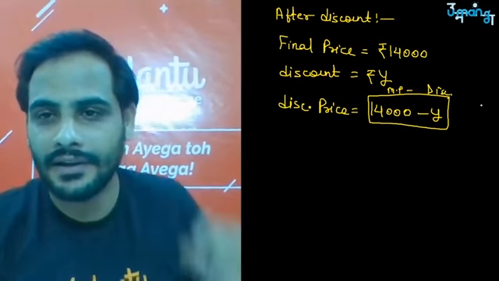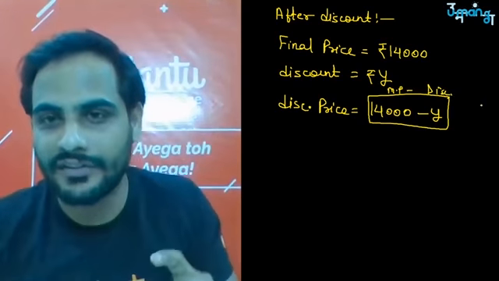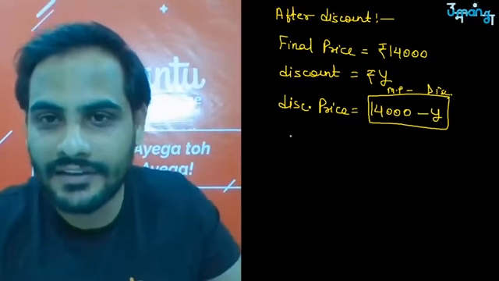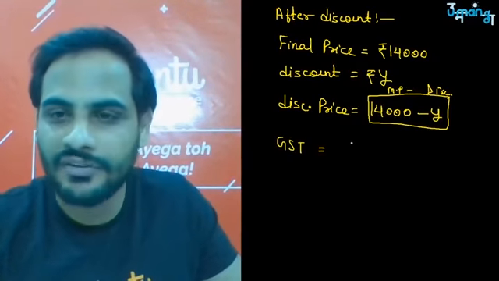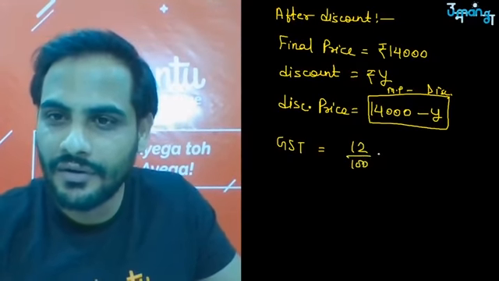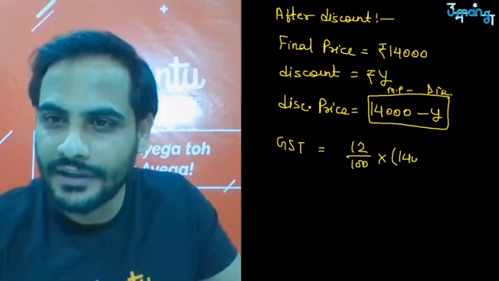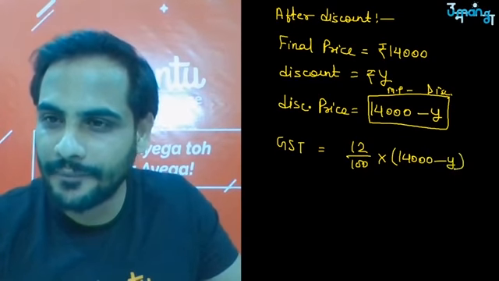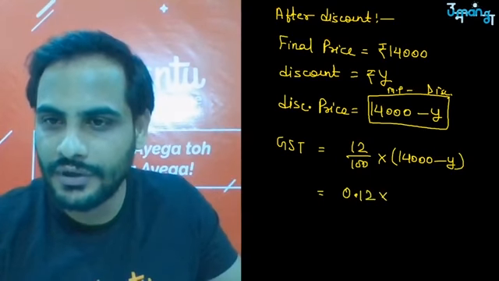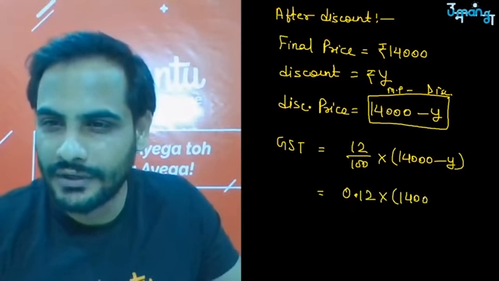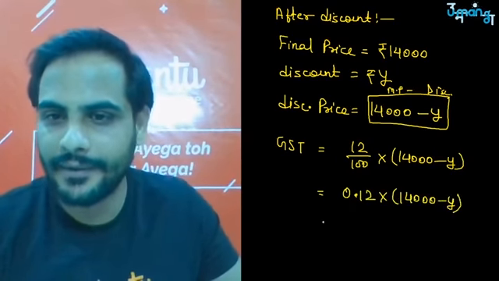So the GST on this will be 12 percent of 14,000 minus y. I can write 12 percent as 0.12 into 14,000 minus y.